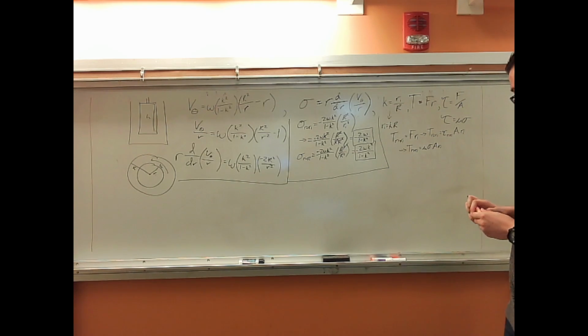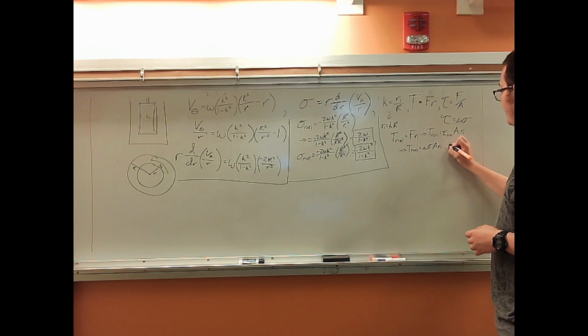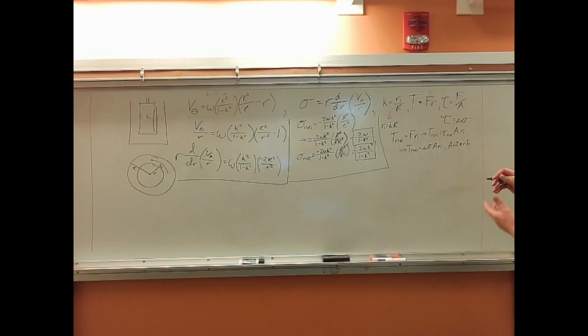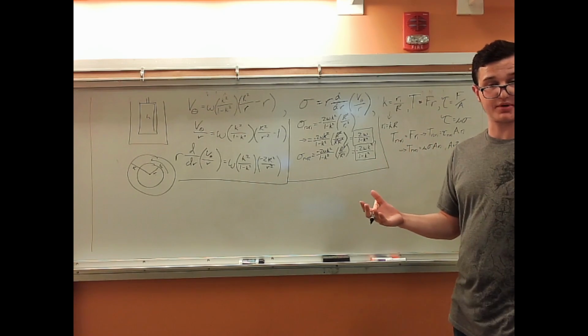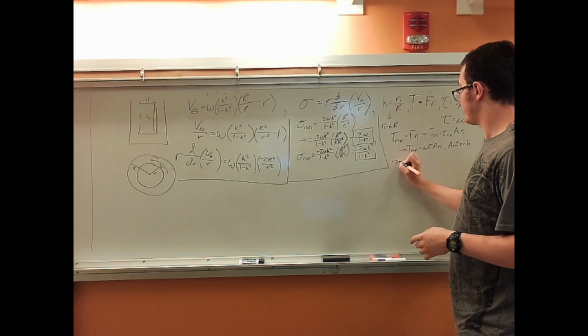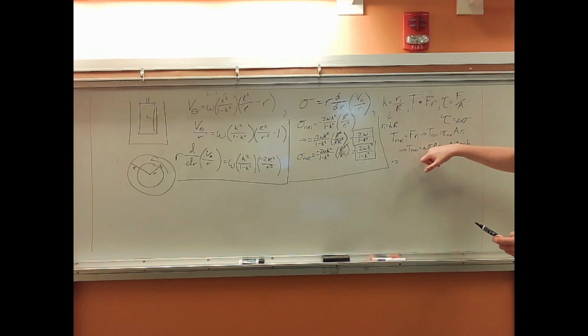And because we're going to need to make A its own function, A is equal to the area of a cylinder, 2 pi r h. So in this case, A will be ri. In the next case where r is equal to the outer radius, capital R, it will be capital R. So that means I'm going to start plugging things in for sigma.